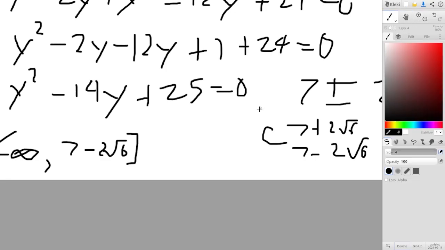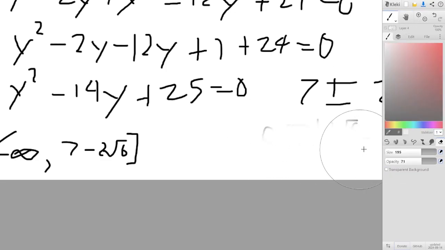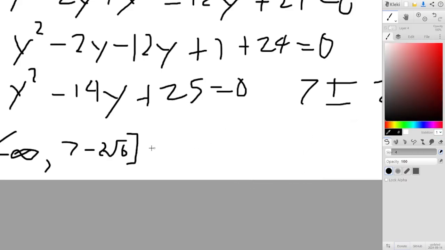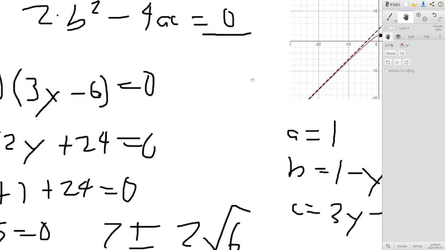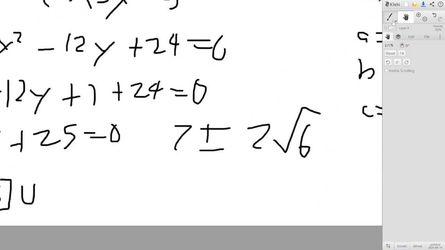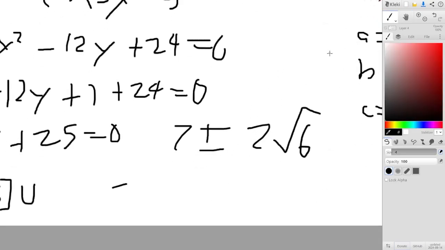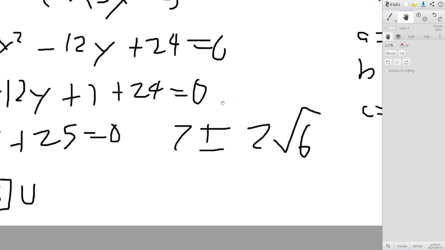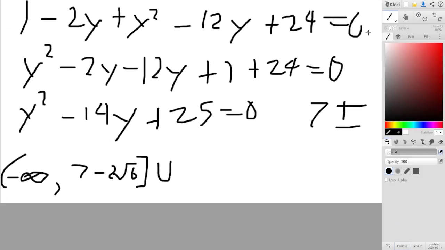Oh, let me erase this first. All right. And obviously union because we have this other part to deal with. And then this point over here represents the positive counterpart.